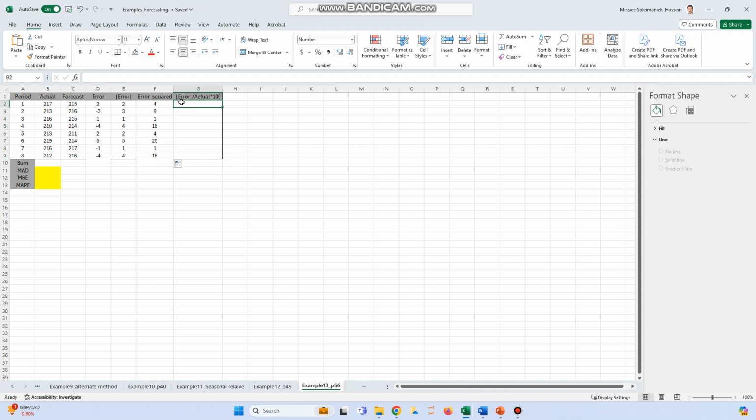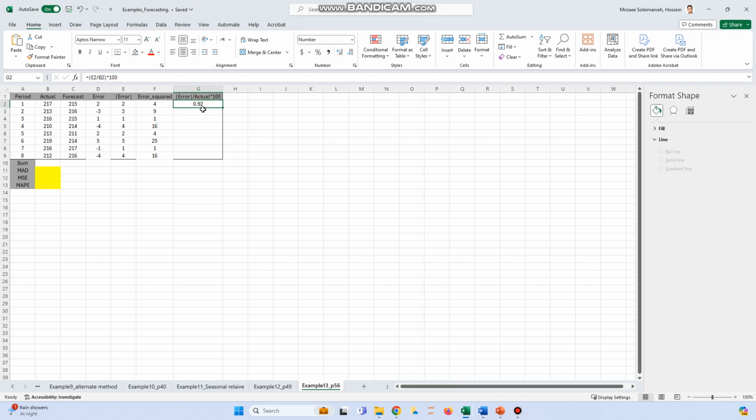For absolute value of error divided by actual data times 100, we can use this formula, equal sign, we have the absolute value of error, we can select it and divide it by actual data, parenthesis, times 100.